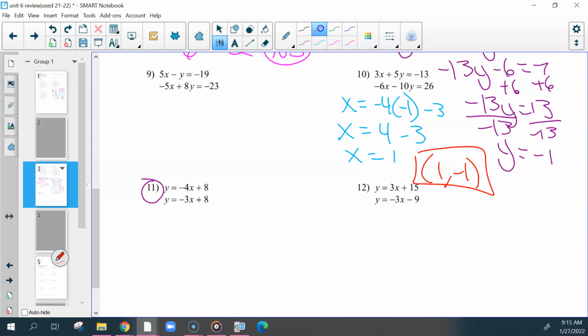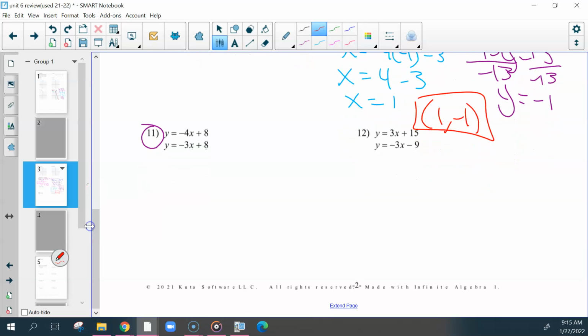Questions on number 8? Moving on to 11. For 11, we have two equations that are both y equals.